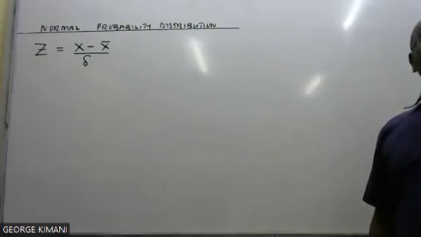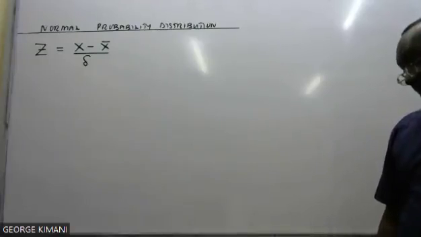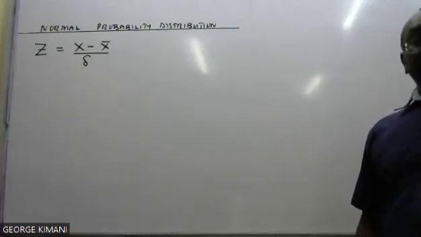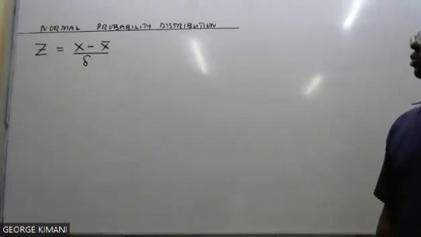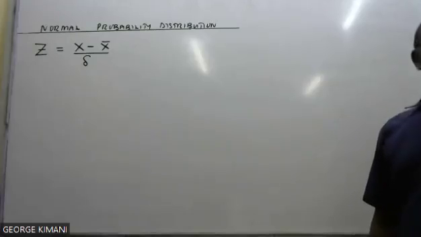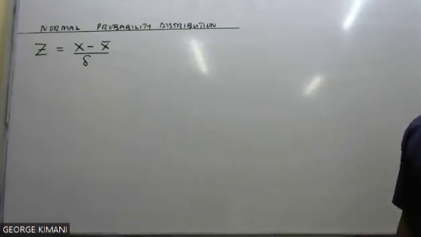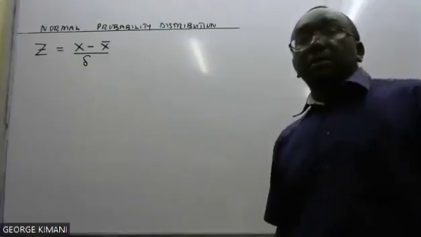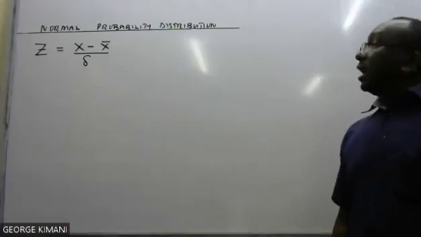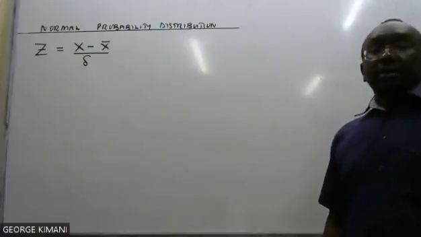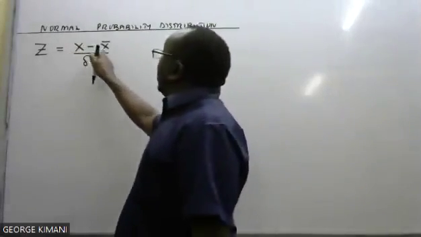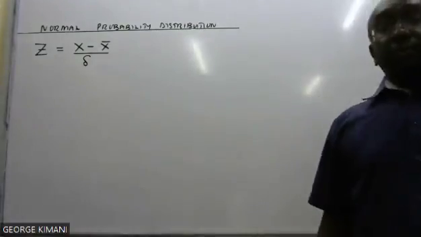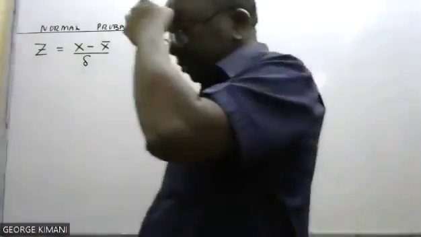Another point is that the value of Z is used to obtain the probability of the interval between X and X bar from the normal tables.